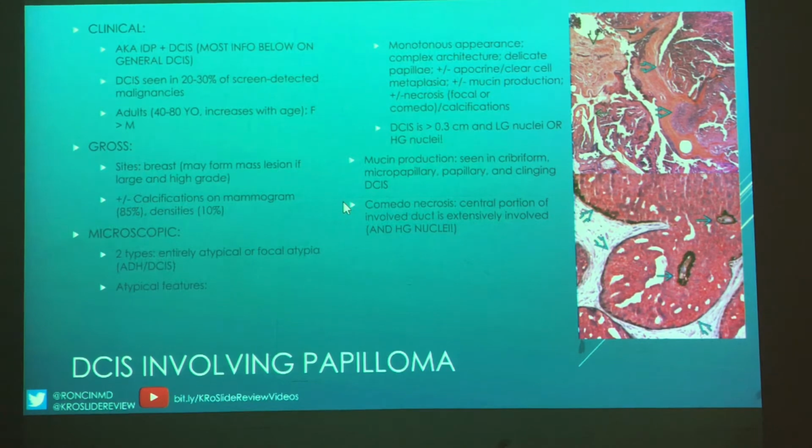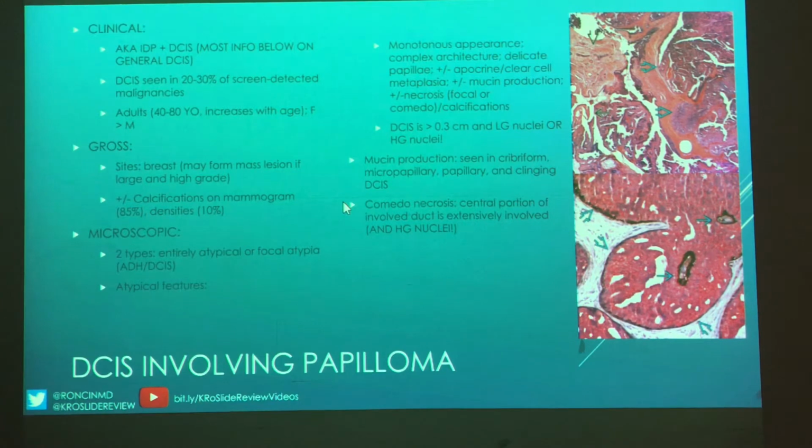Even though we see it in adult women, and it tends to hover around perimenopausal and postmenopausal, it will increase with age. By the time you're looking at someone who's 80 years old, they're going to have twice the risk as someone who's 40. Most often they see calcifications on mammography, so likely to get a stereotactic biopsy for that.